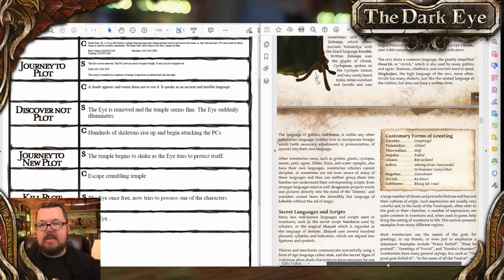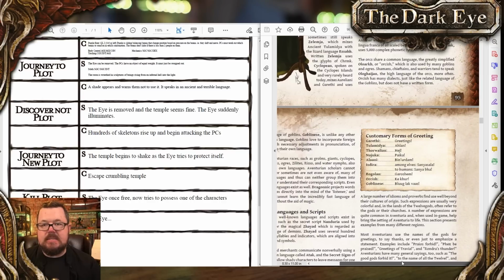So you can see here that we've got customary forms of greetings. Which one sounds the most terrifying? Thorwalian, Hej, or Nujuka, Paika, or Alani, Binurdam. No, that sounds way too fun. Ragalan, Goroshem.